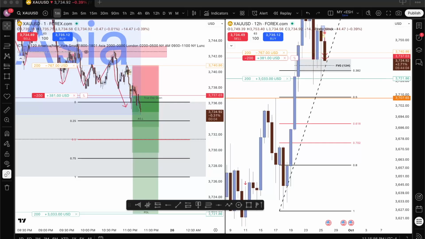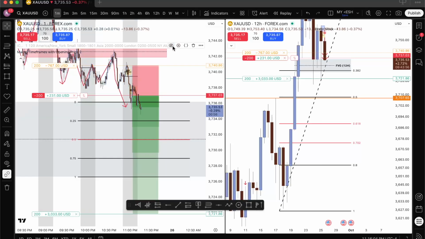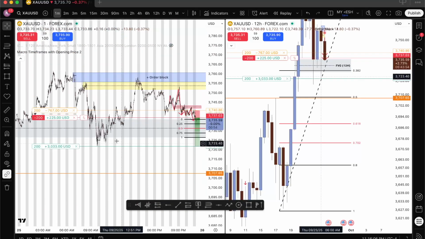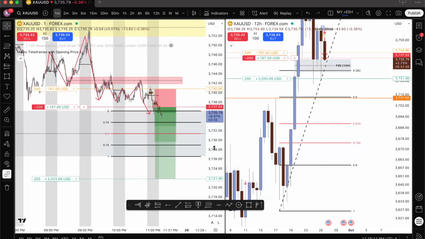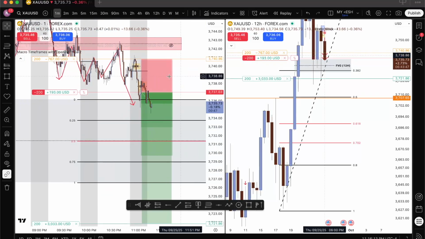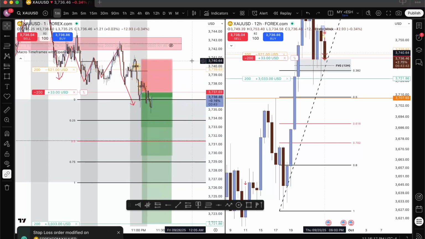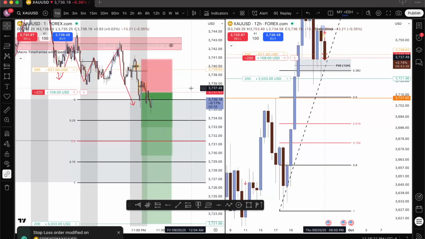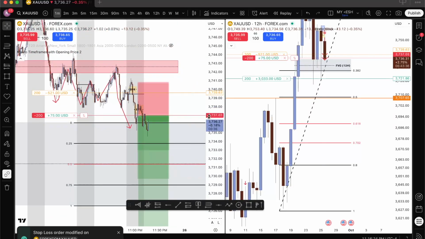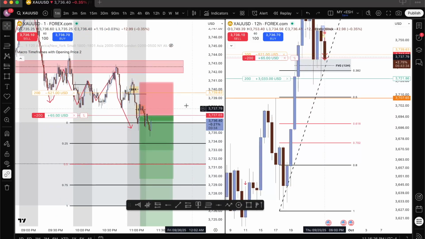Let me look at the trade. I bet it's playing out. I gotta be careful because gold has been choppy. You see this? It's not really leaving room for any errors. I'm gonna move my stop. Price can manipulate back up into this area, but we want to start getting speed to the downside.